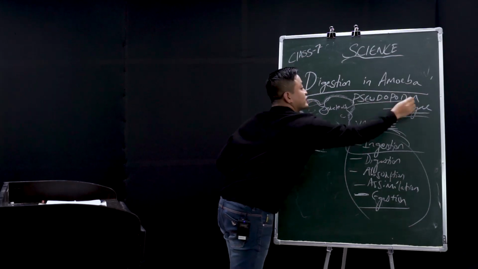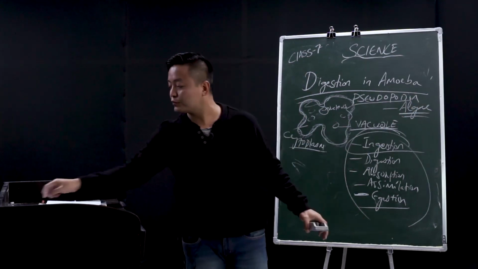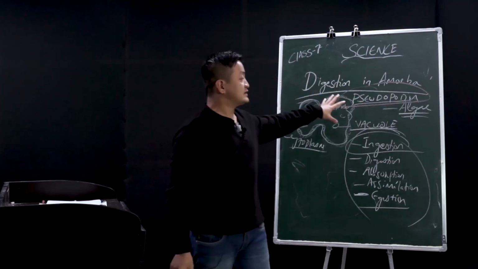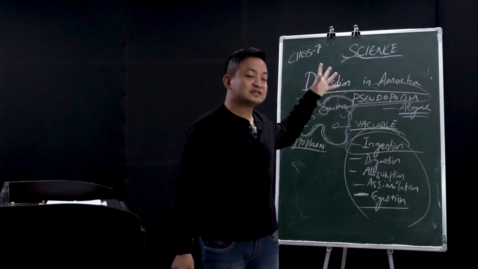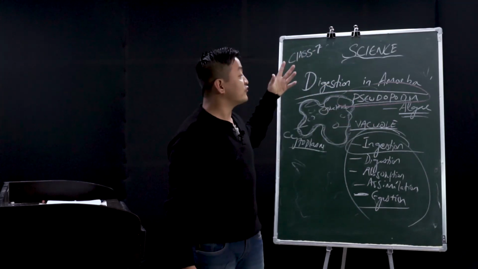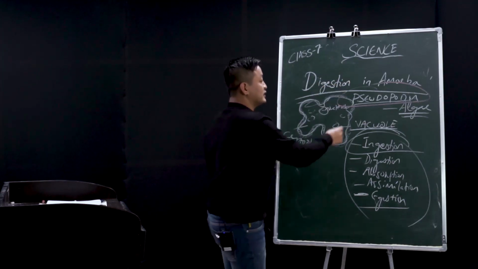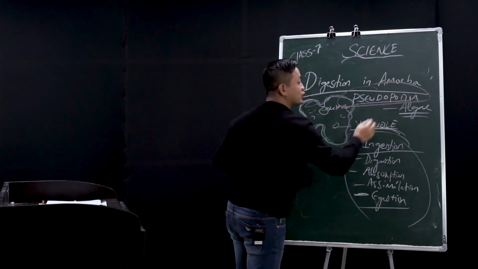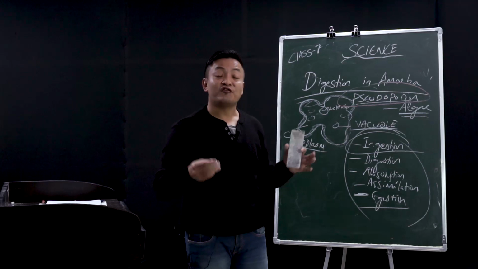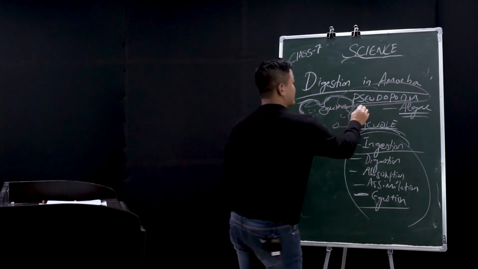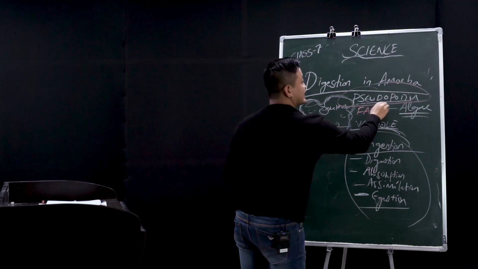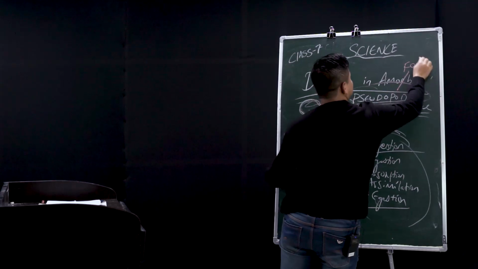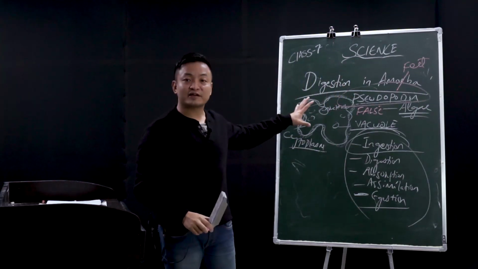Remember, this is very important for amoeba, because it helps in locomotion and also in feeding. Pseudo means false, and podia means feet, false feet. But it's not visible, right?